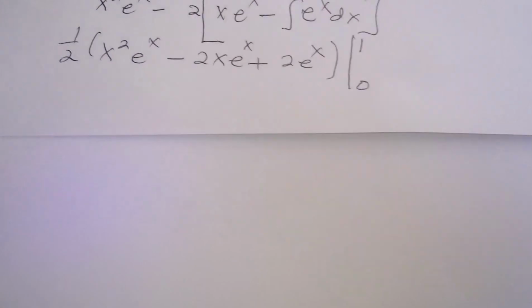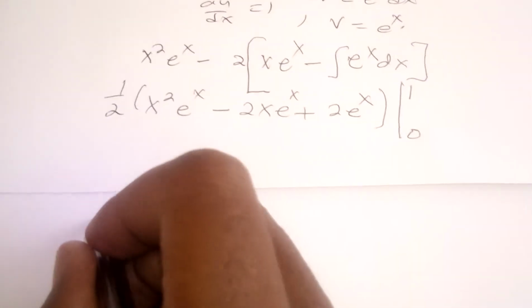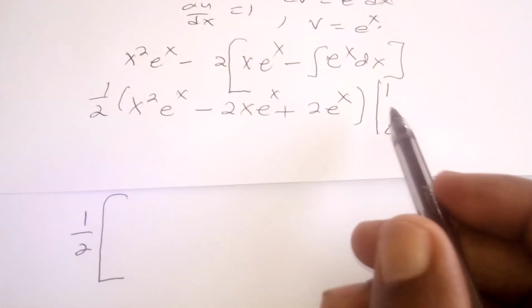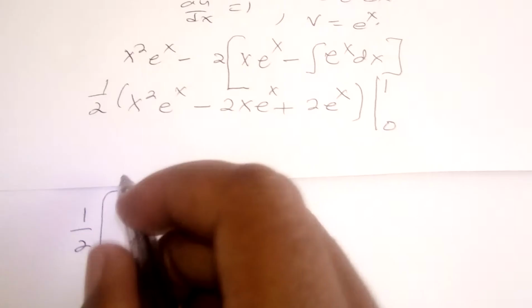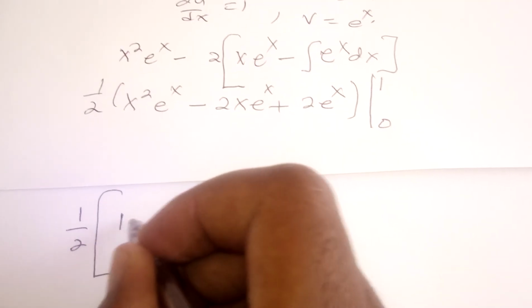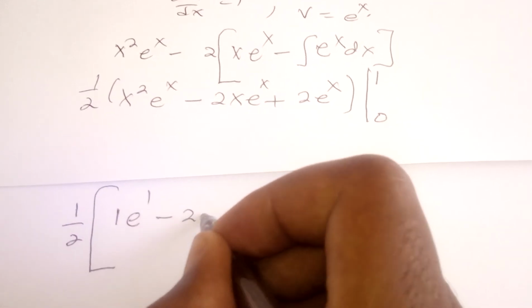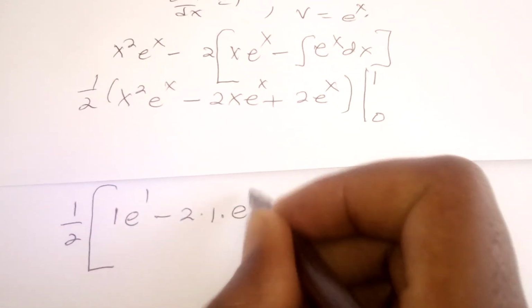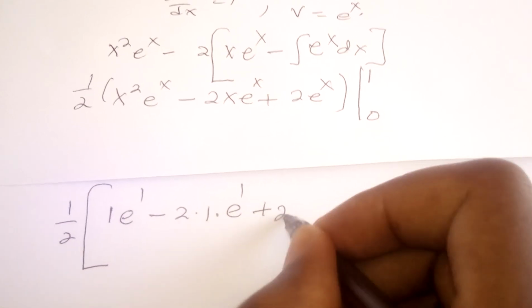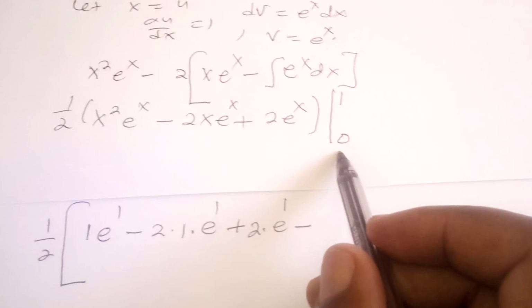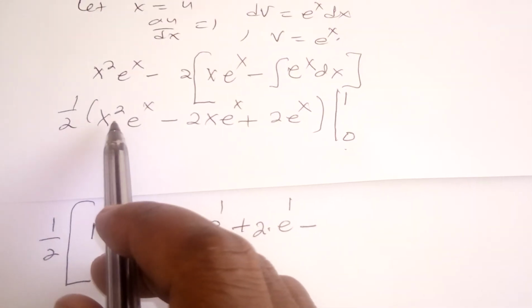So 1 over 2 pulled onto the front. Substituting 1 here, we're going to have 1 squared, that's 1, e to power 1, minus 2 times 1 times e to power 1, plus 2 times e to power 1, minus, we substitute the lower limit, which is 0.